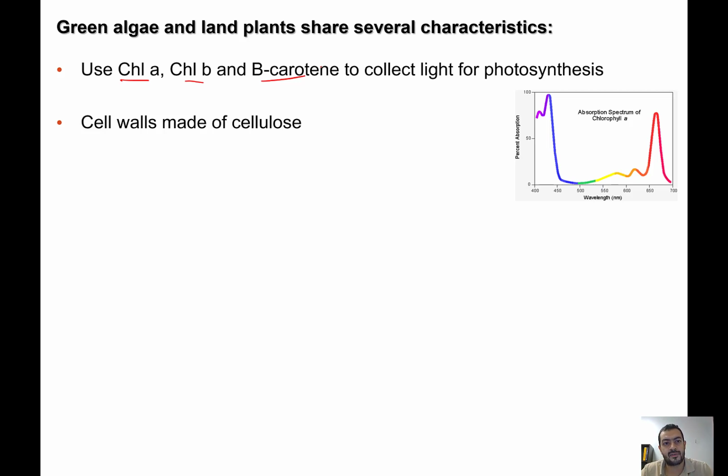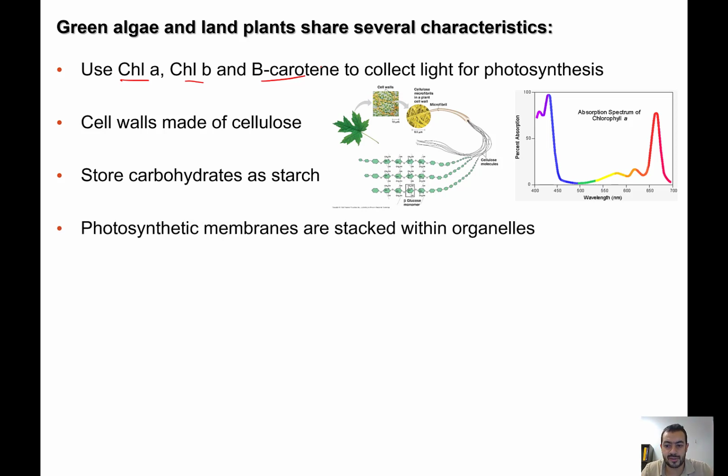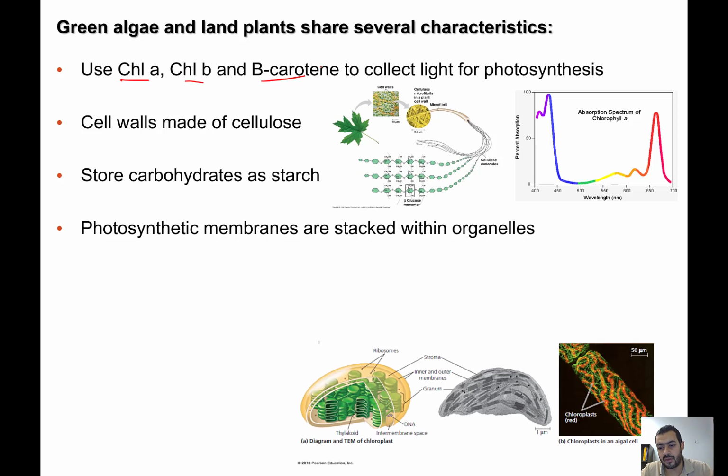Also, they have cell walls made up of cellulose. They have the ability to store the carbohydrates they synthesize through photosynthesis in the form of starch, and their photosynthetic membranes are stacked within organelles. So as you know, chloroplasts. So this is a picture depicting chloroplasts in plants, and this is the picture depicting chloroplasts in algae.